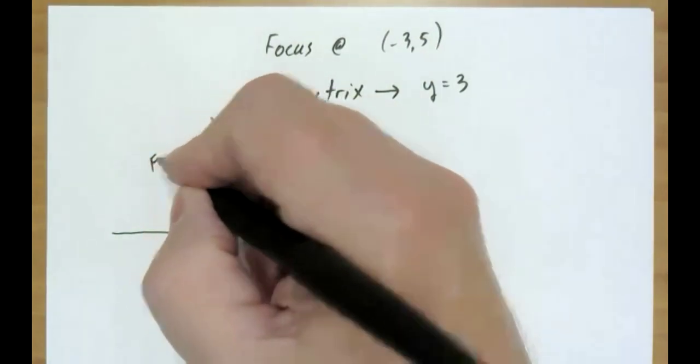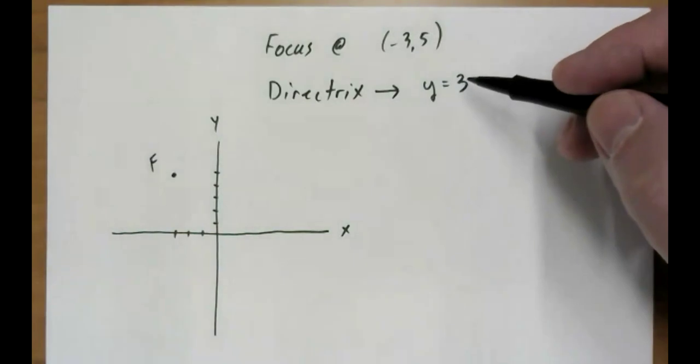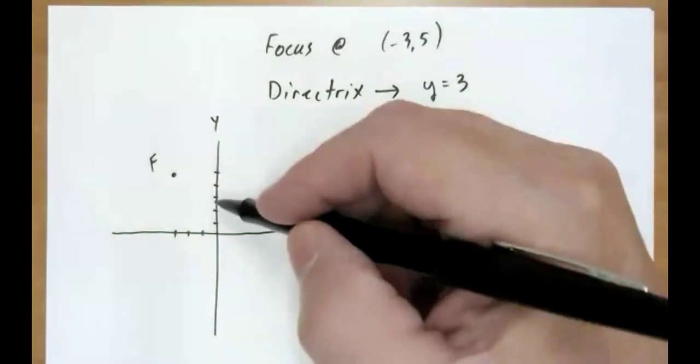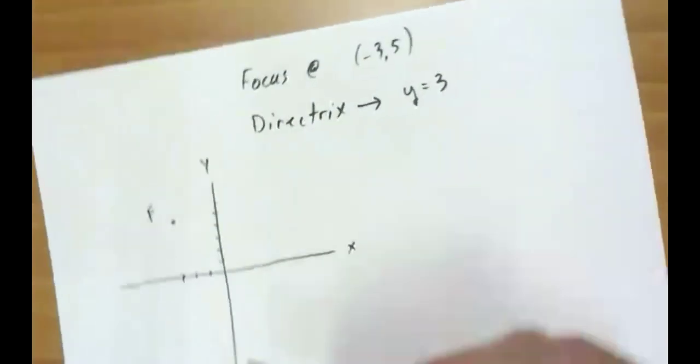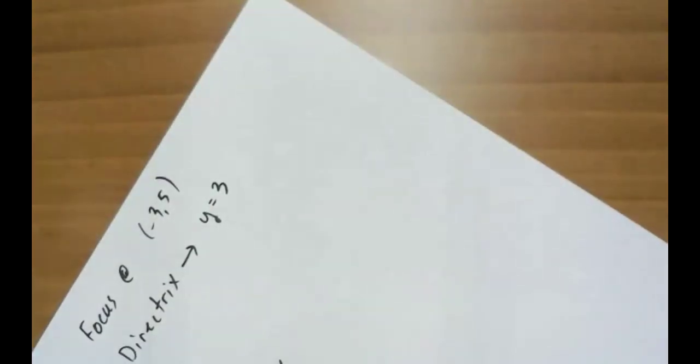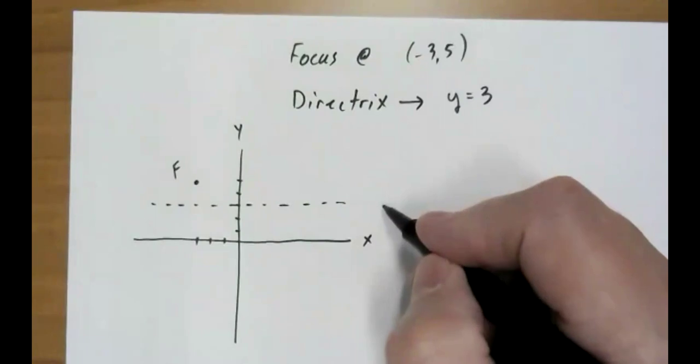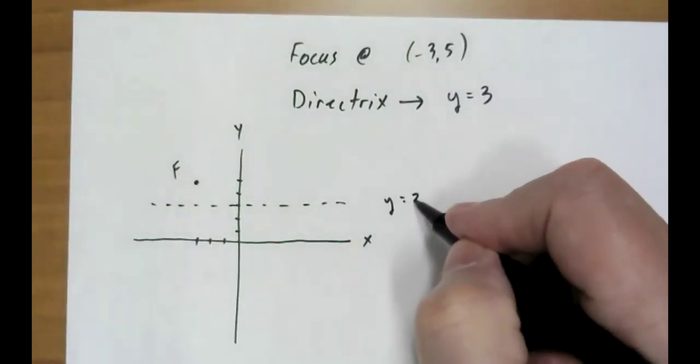So there's the focus. Now the directrix is the line y equals 3. Well, 3 is right here, so there's the line y equals 3.